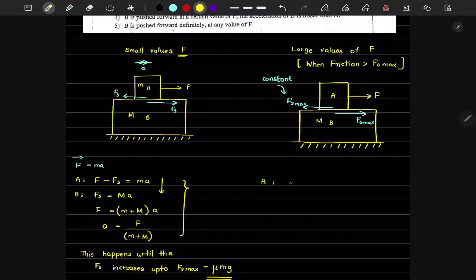In the previous stage, we had F minus Fs max equals M A1 and Fs max equals M A2. The difference here is, in this scenario, friction is not a constant.